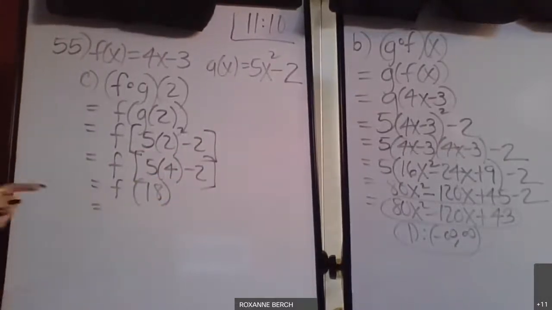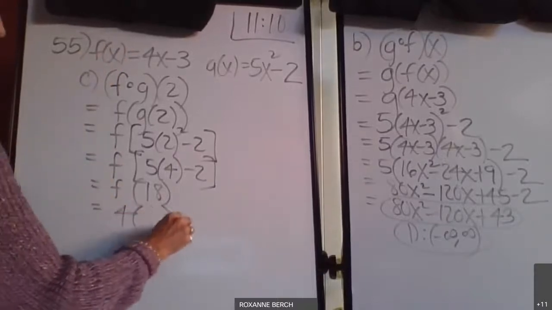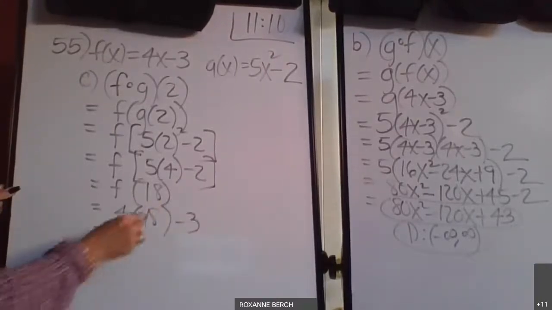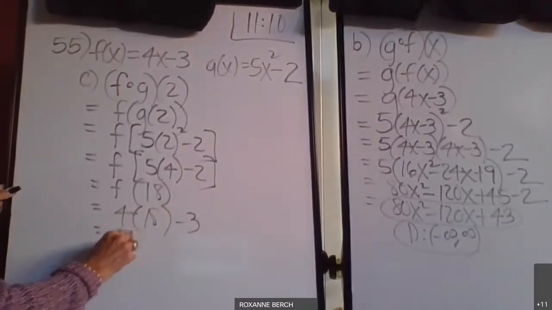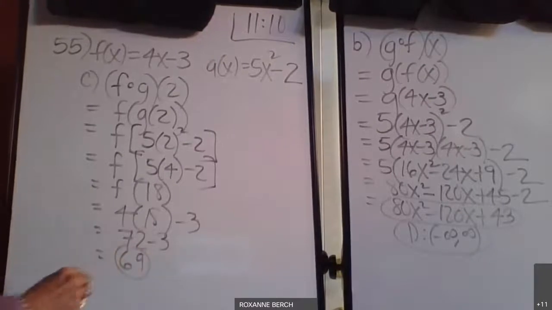So now that becomes the x of the f function, which is 4 times something minus 3, and now the something is 18. So 4 times 18 is, I think, 72 minus 3 is, what is that, 69? If I look, 55C is 69.